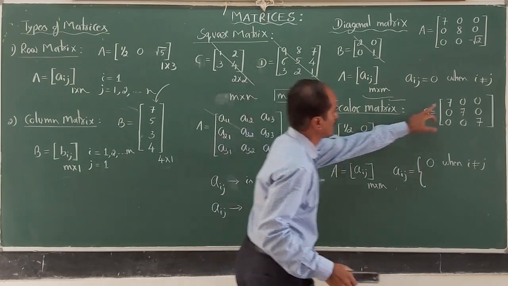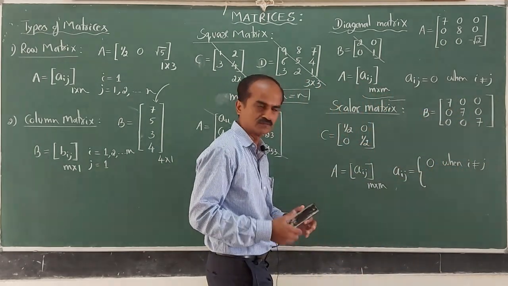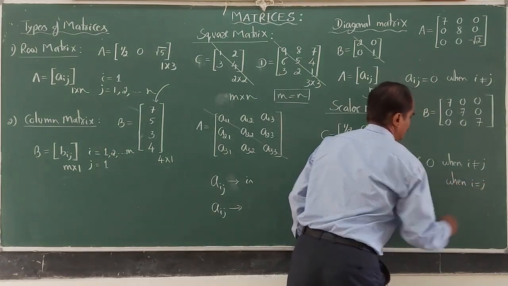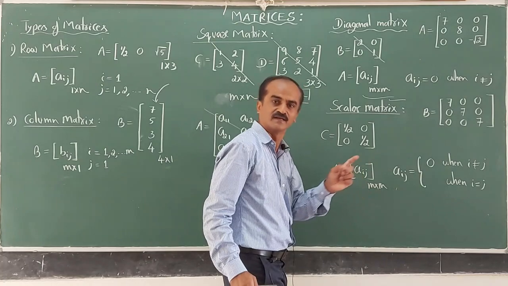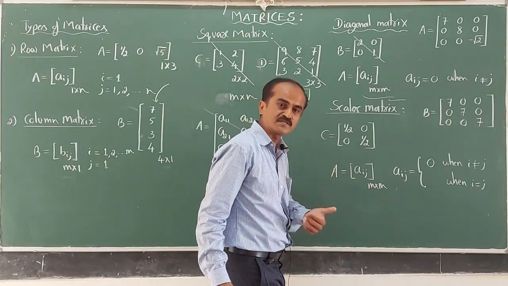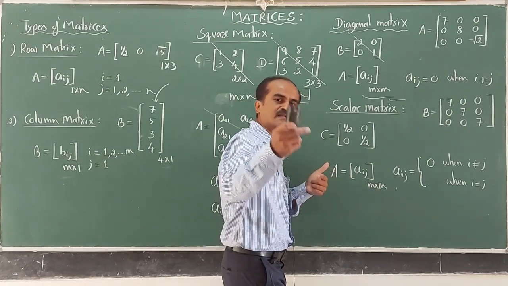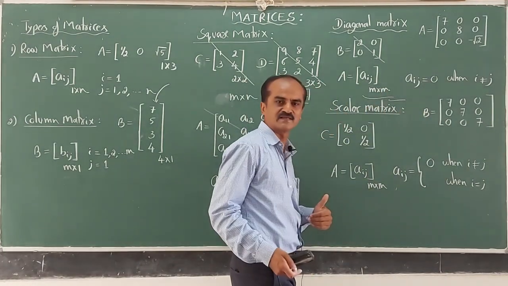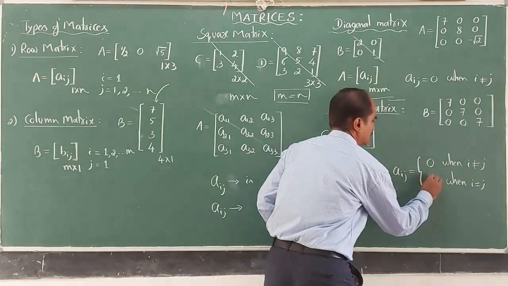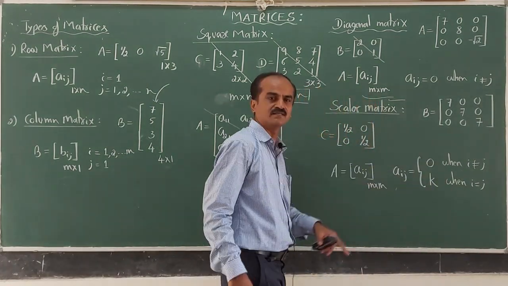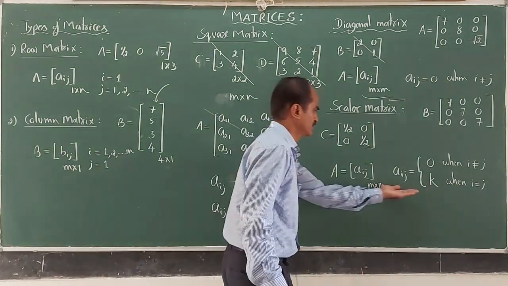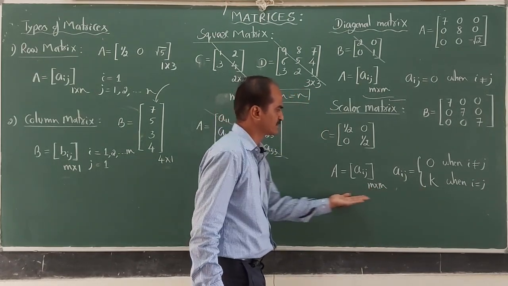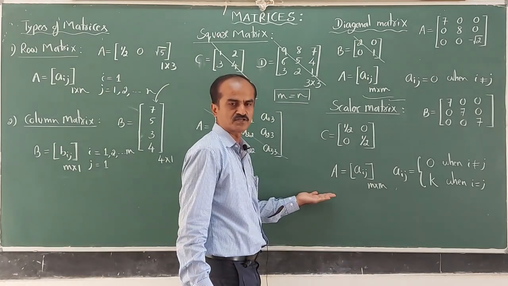That is, non-diagonal elements must be equal to 0. When i equal to j, this element refers to what? Diagonal element. What must be the value of diagonal element? All the diagonal elements must be same. We don't know, that number can be 1 by 2, that number can be 7 or it can be any real number. So let me represent it by k, where k is some real number.